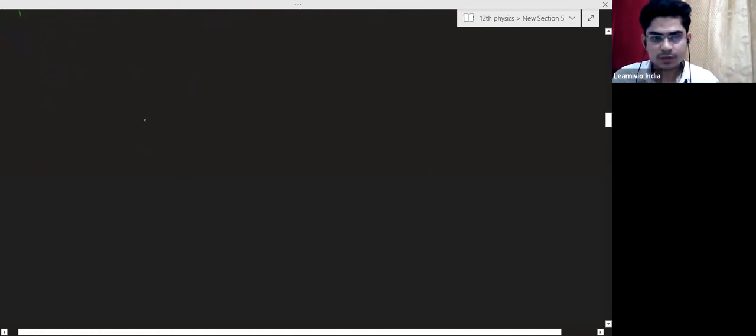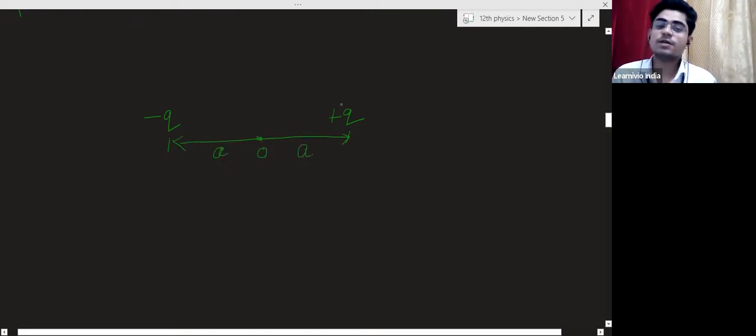Now, same thing. This is a minus charge Q and this is a plus charge Q. This is the center of these charges, O, and this is the distance A. Suppose someone says, I want to calculate the value of electric potential due to this dipole on the perpendicular bisector, at a distance r from the center.